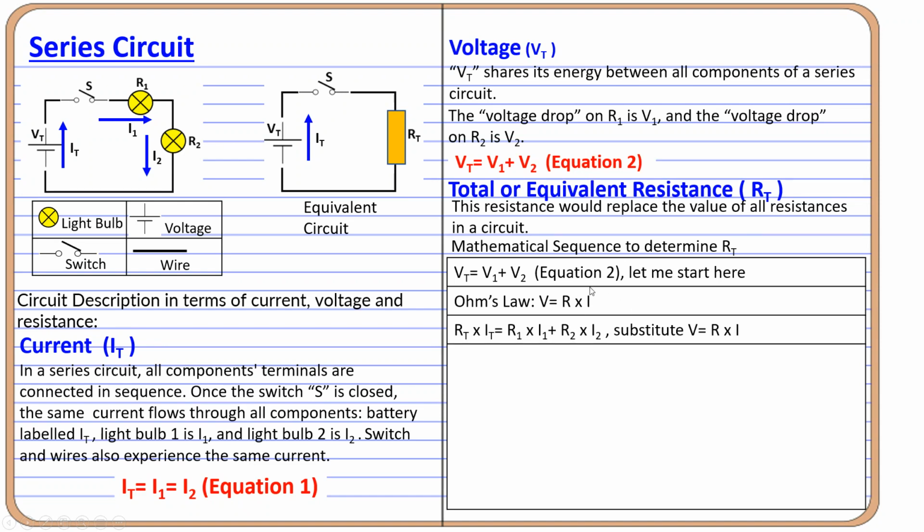Now we can replace this value in equation 2. Now we have RT times IT is equal to R1 times I1 plus R2 times I2. After doing our substitution from this equation, which is Ohm's law for voltage.